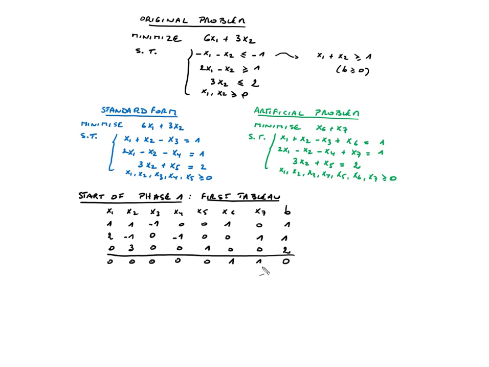And here you have the cost x6 plus x7. You can see here that you have the basic variables x5, x6 and x7. But this tableau is not yet in its canonical form because we have to produce zeros over here, so you should not forget this.